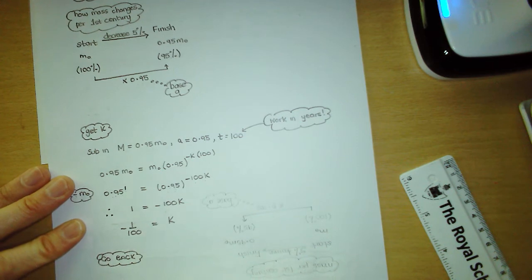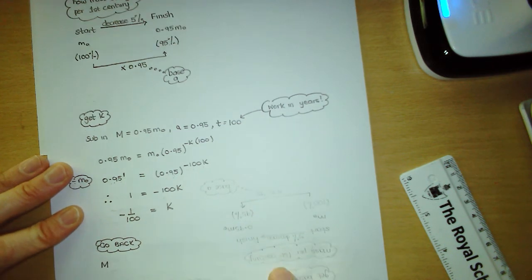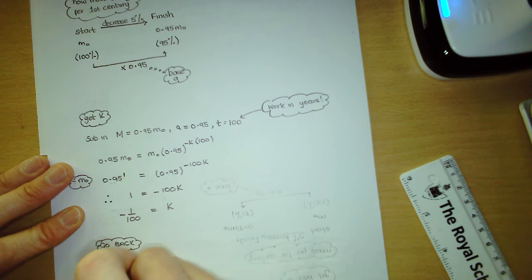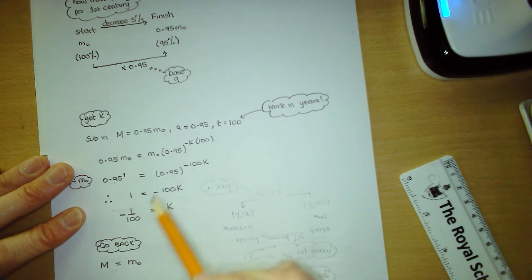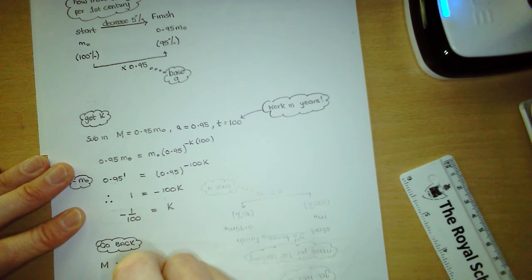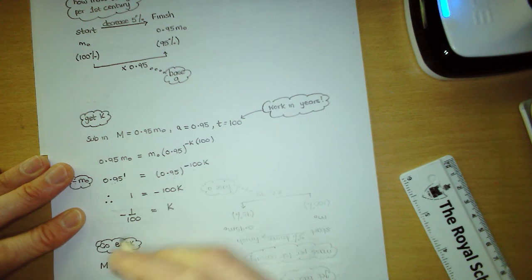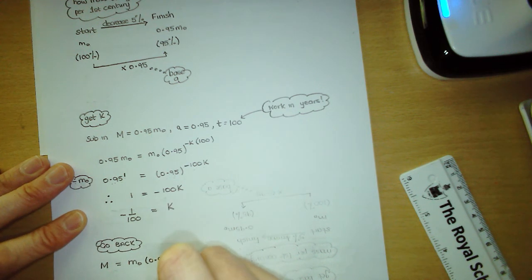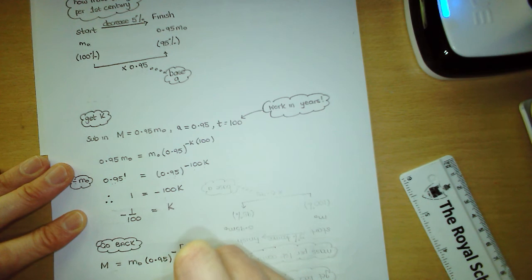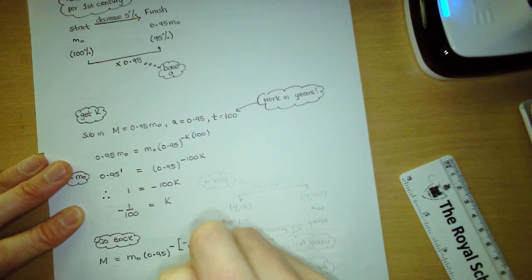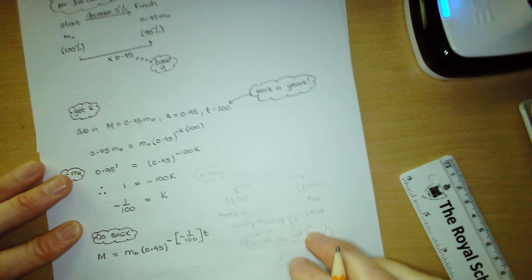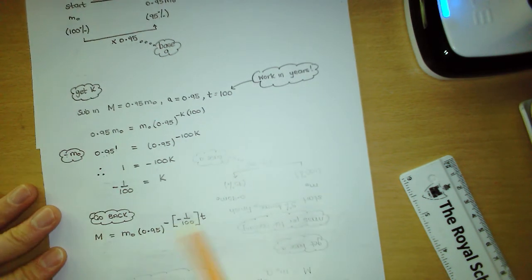Okay, so we have capital M, the mass of the substance at any time t, and that's equal to M0, the initial mass at time t is 0, and then a is 0.95, and then to the power of k, which is minus 1 over 100, and again put the constant in brackets once you've worked it out, and then that's being multiplied by t. t is the time and we're working here in years. So that's a pretty good equation. You could tidy these two minuses up and you could end up with a plus there.